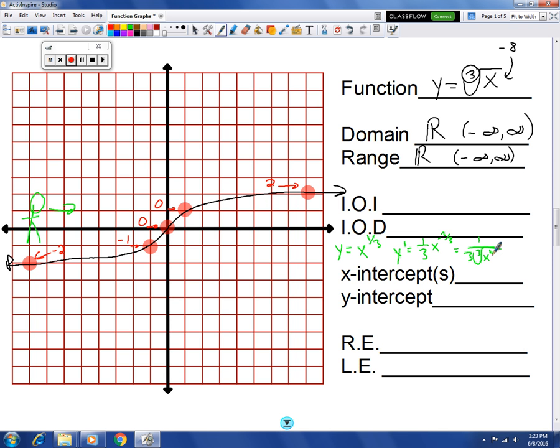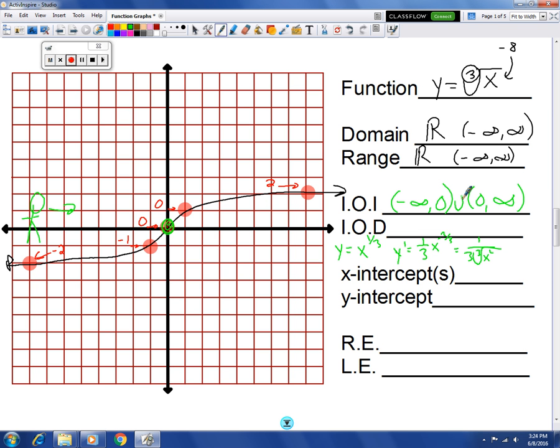So again, at this one little spot right here, it's going to have an undetermined slope. So I'm going to say the interval of increase is from -infinity until it gets to 0. But at that one spot of 0, it's not going to increase. But once it gets past 0, it increases.